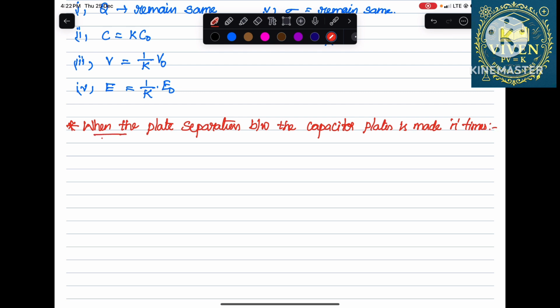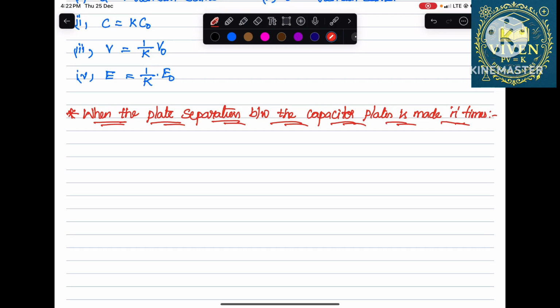So now this is the next topic. These are shortcuts while solving the PYQs which will help us. So what are all the things that are going to happen?